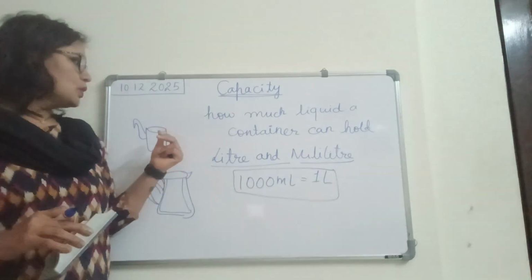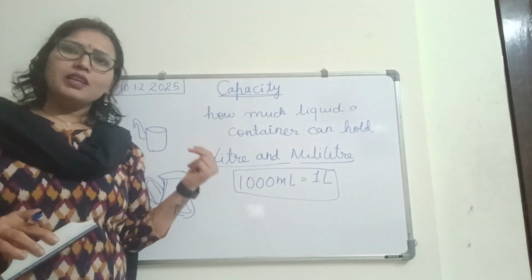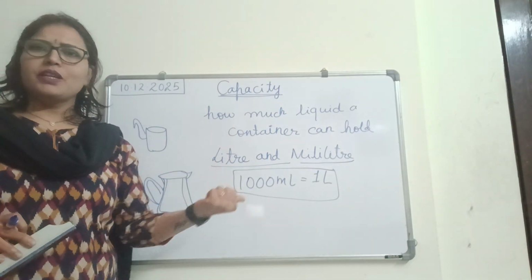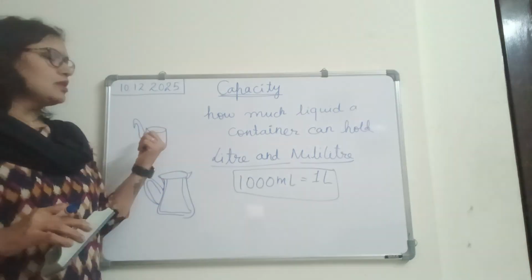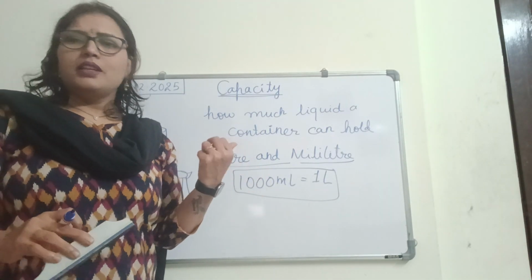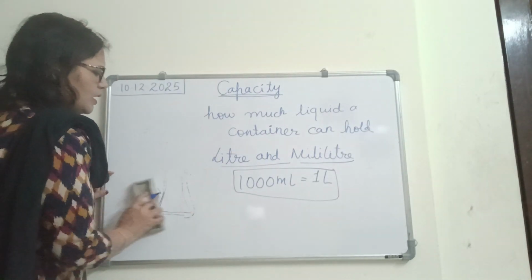So they had to use these instruments to measure the liquid. There are different sizes, 250 ml, 50 ml, 100 ml. As per your requirement, they would provide the liquid for you. So now we'll see.